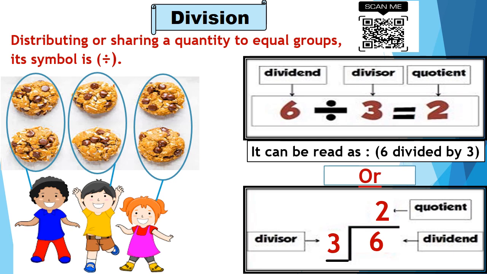We can say 6, the biggest number, here, and the 3 will be here, and 2, the result, will be up here. So dividend, divisor, quotient. We have 2 ways to express it.